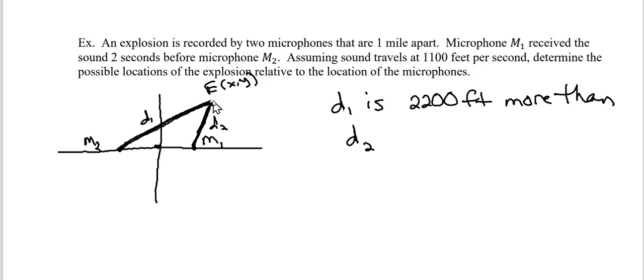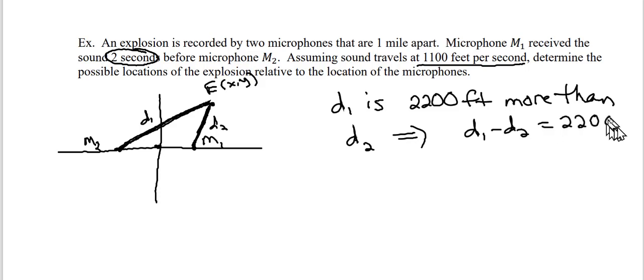How did I get that? Well, if sound travels at 1,100 feet per second, and it took 2 more seconds to get over to microphone 2, then that's 2,200 feet. 1,100 feet for 1 second would be 2,200 feet for 2 seconds. That implies that D1 minus D2 is 2,200.